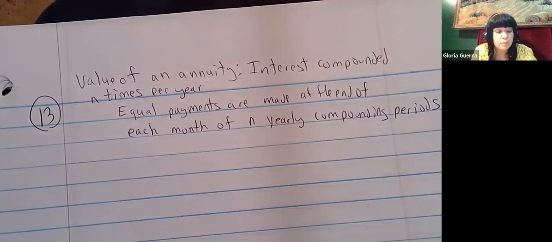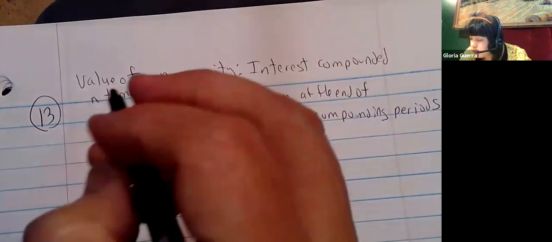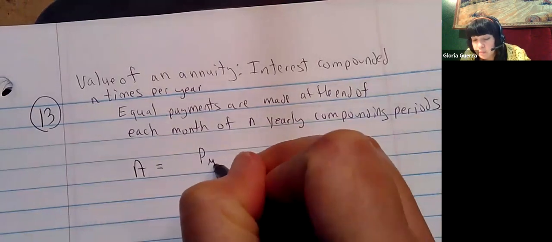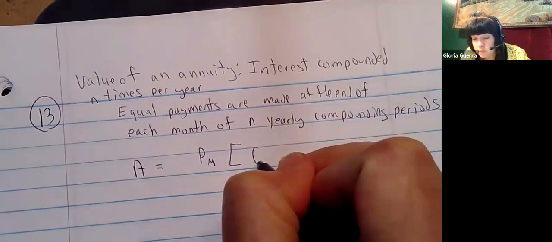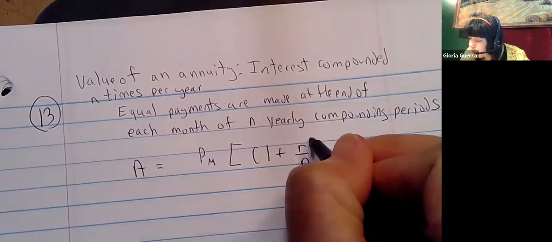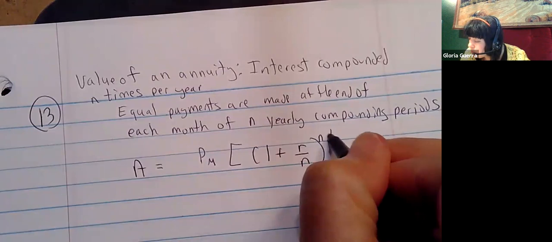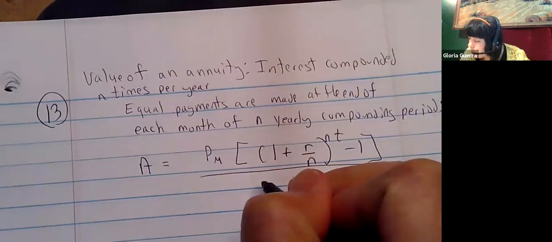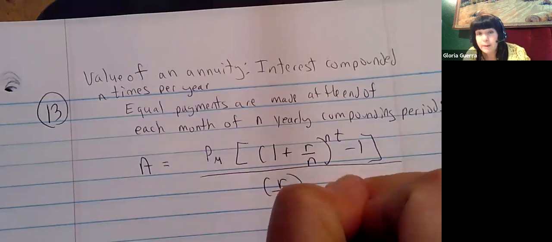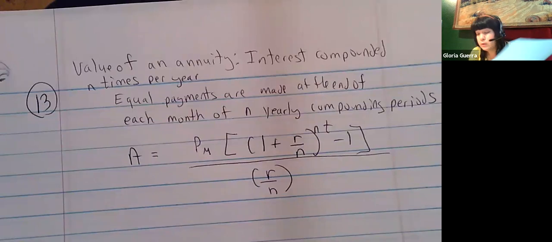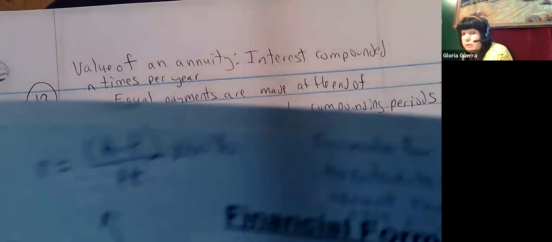And let me write down the formula. A is equal to P sub M, bracket 1 plus R over N, close parenthesis, raised to the NT, minus 1, all over R over N. So that's this one right here.